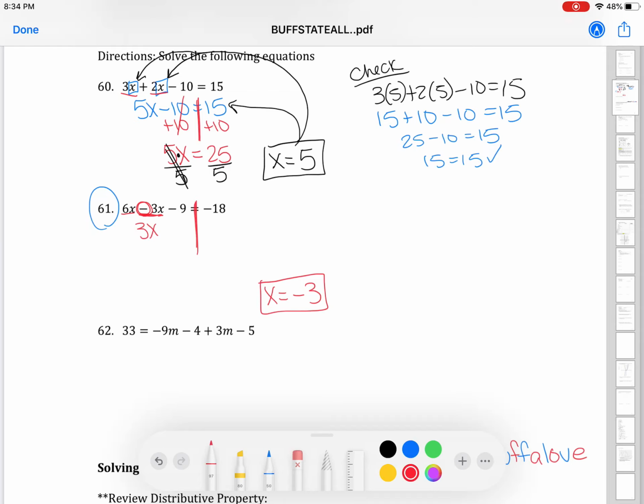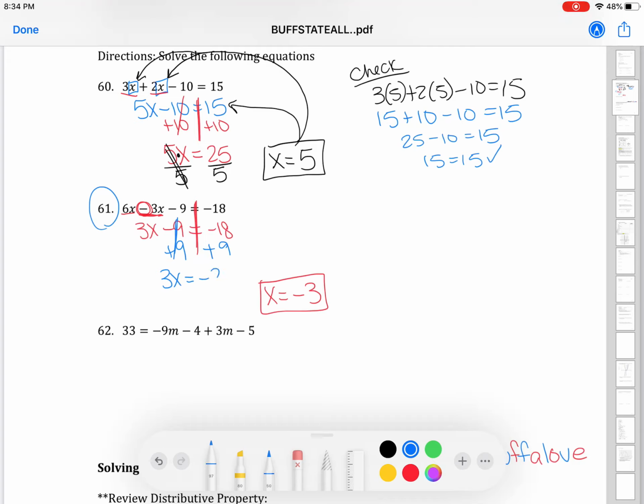Okay, so to go over this one, I'm going to start by combining my like terms. That's a minus in between them. So 6x minus 3x is 3x. My -9 comes down, and so does my equals and my -18. There's that basic form already. All you have to do is combine like terms and you're there. So you get rid of what's being added or subtracted first.